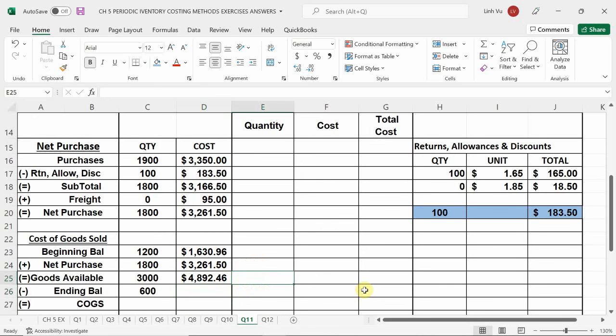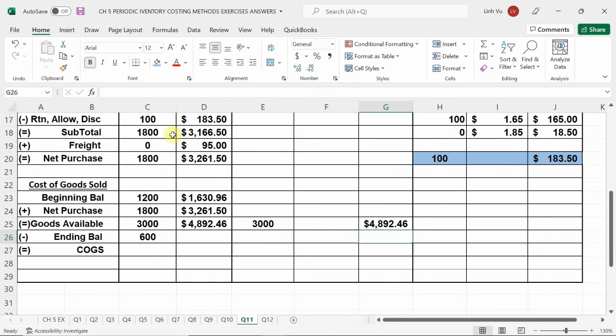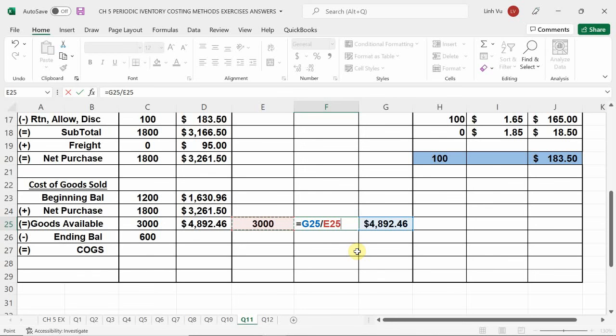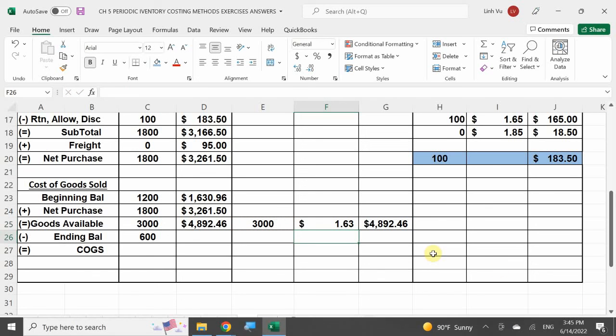So if I have a total of 3,000 units at a grand total cost of $4,892.46, what is my average cost per item?